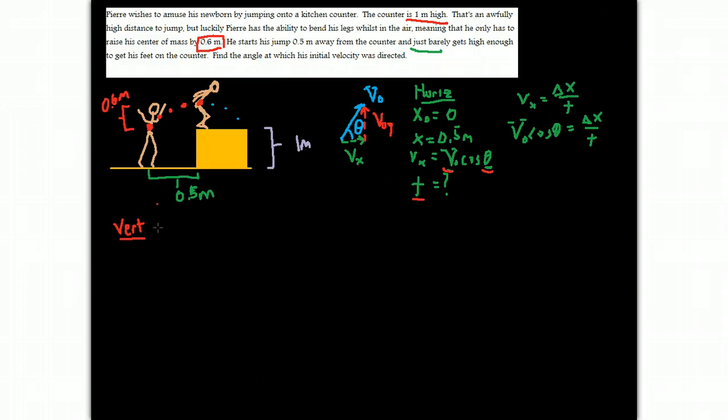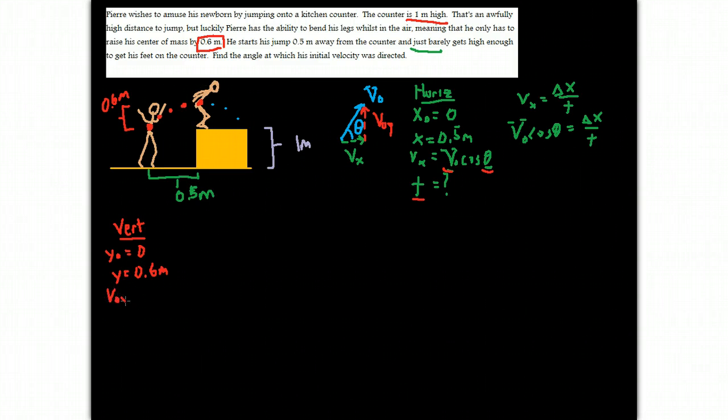Then we look in the vertical direction. And in the vertical direction, the initial position is 0. The final position is 0.6 meters, because we're basing this off of the center of mass, not the actual height of the table. And obviously this guy will eventually stand up, but he'll be using the force of the countertop to lift his center of mass upwards, not just the initial launch.